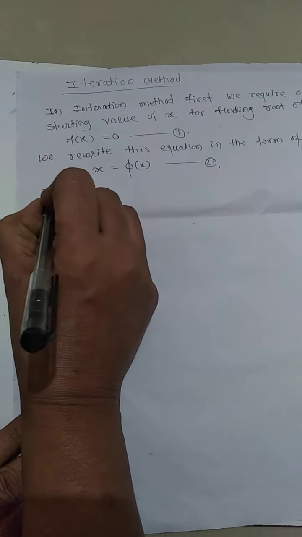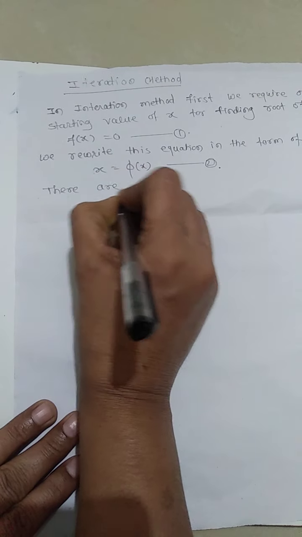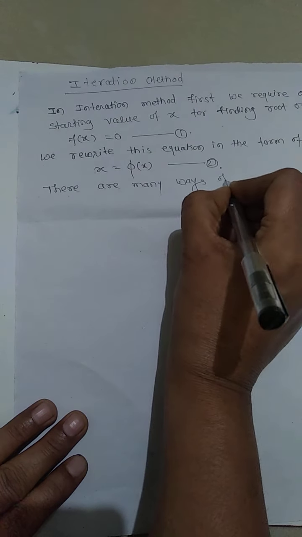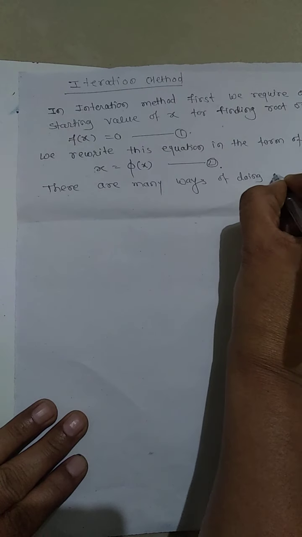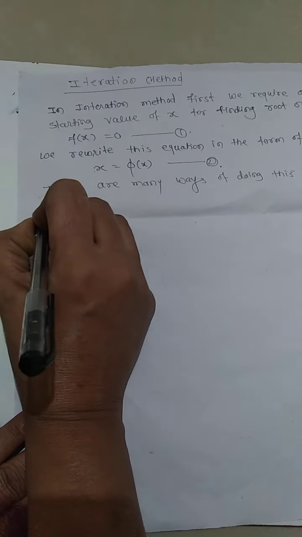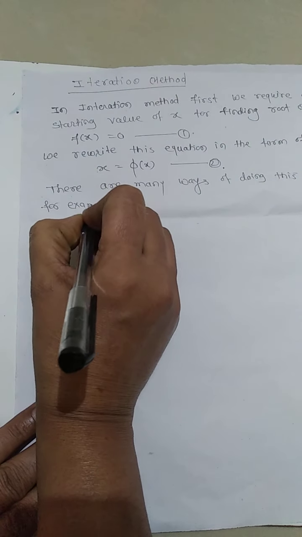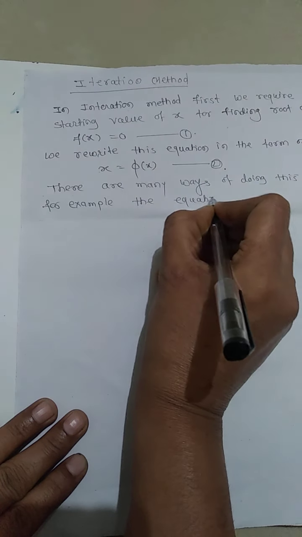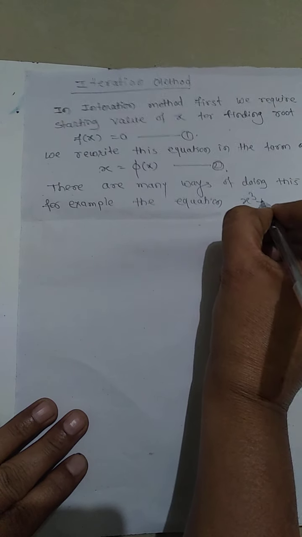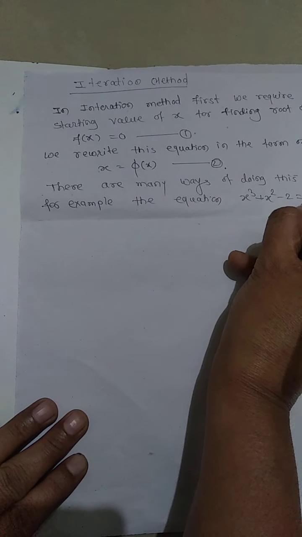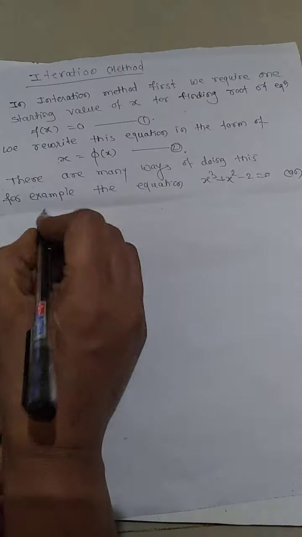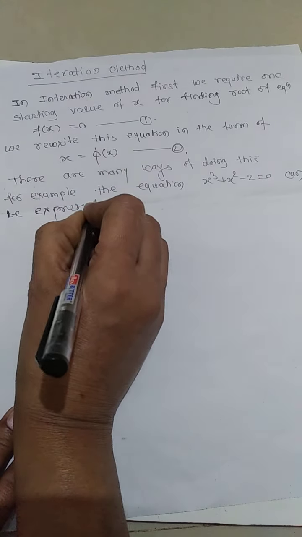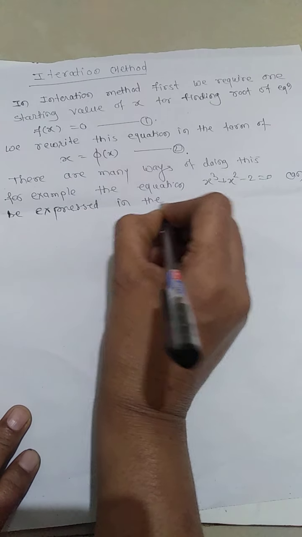There are many ways of doing this. For example, the equation x cube plus x square minus 2 is equal to 0 can be expressed in different forms.